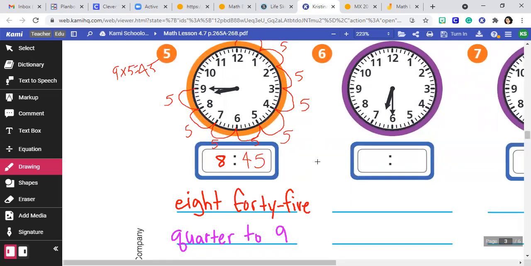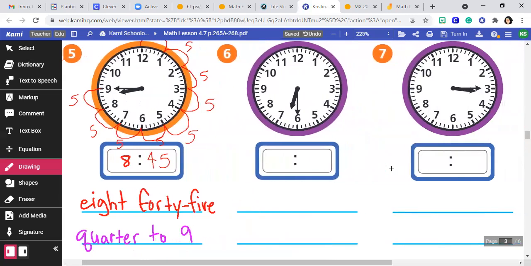A quarter of a whole, if you recall, the unit fraction would be 1/4, 1/4, 1/4, 1/4. And do you see this value right here? That is 1/4 of the whole hour. And that is why we can also say a quarter to 9.